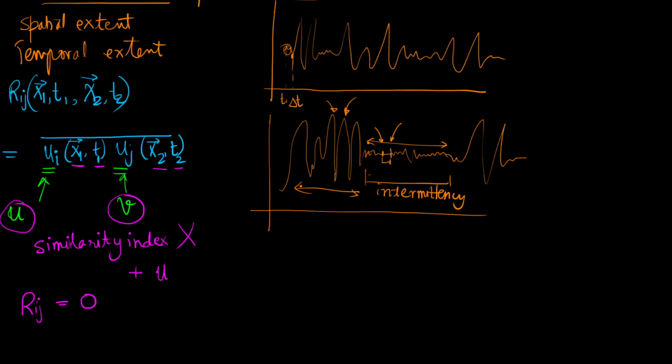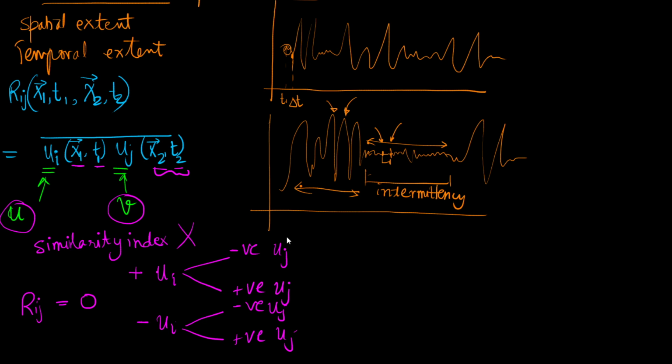When a positive value of ui is associated equally with a negative value of uj or a positive value of uj, and when a negative value of ui is associated equally likely with a negative value of uj or a positive value of uj. So uj is always evaluated at x2, t2. In the special case, x2 and t2 can be equal to x1 and t1, no matter. So uj is evaluated at x2, t2, and ui is evaluated at x1, t1.